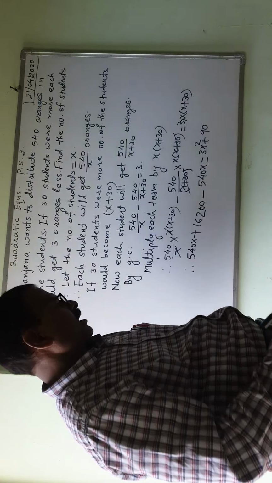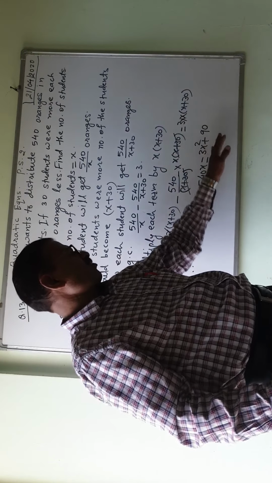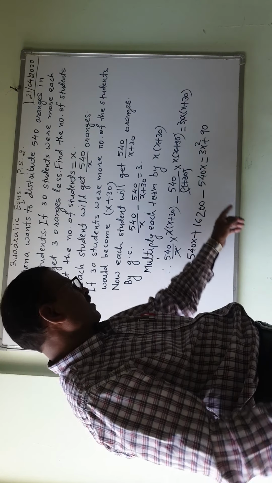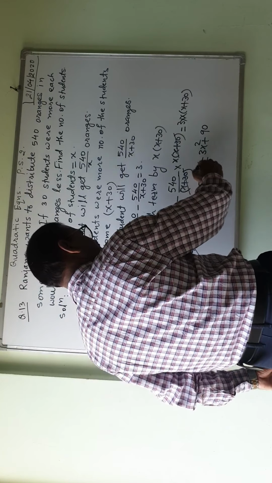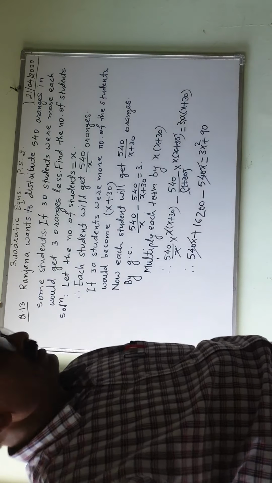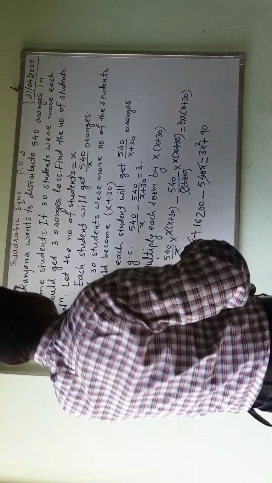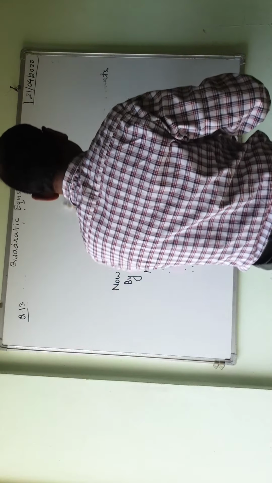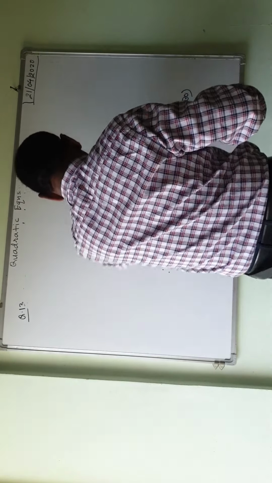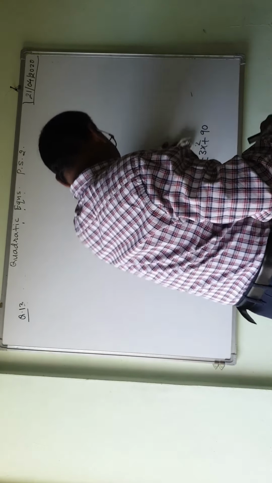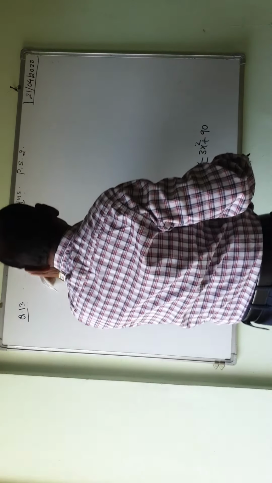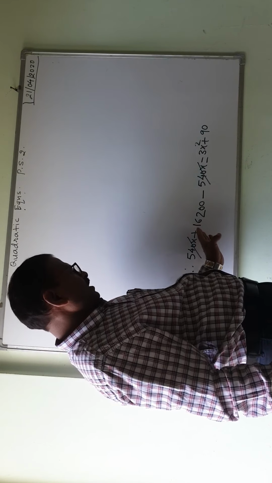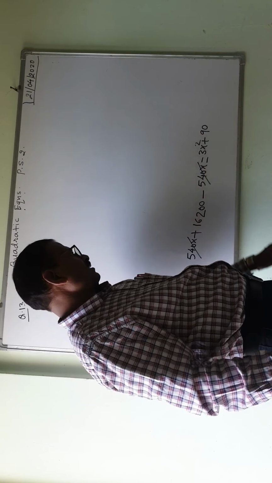Now make it a pure quadratic equation by taking these terms over there. But first of all, 540x and 540x get cancelled. This is plus, this is minus, this will get cancelled. Now I will draw the equation. So this is plus, this will become minus on that side.